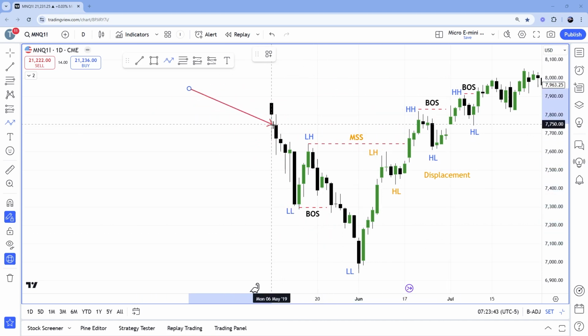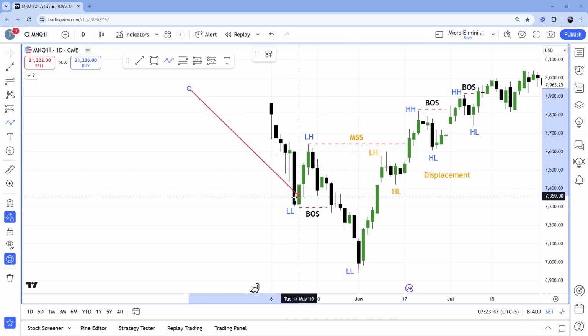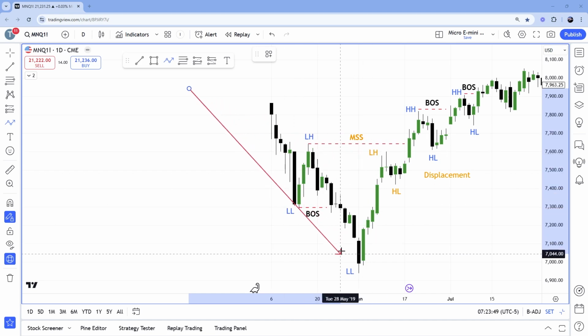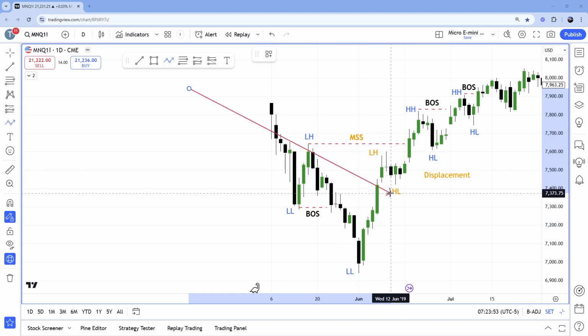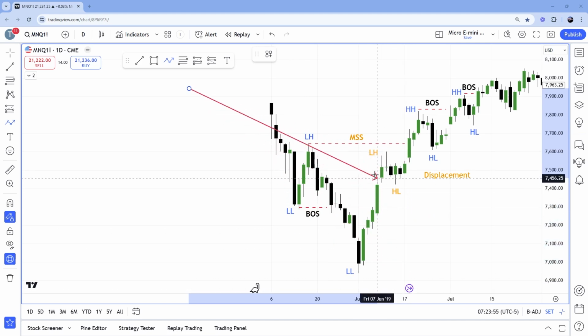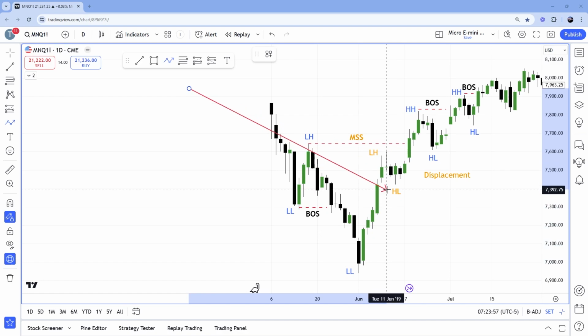So here you can see it's bearish because it's making lower highs and lower lows. And after this lower high, it's not making a lower low. Instead of that, it has made a higher low.